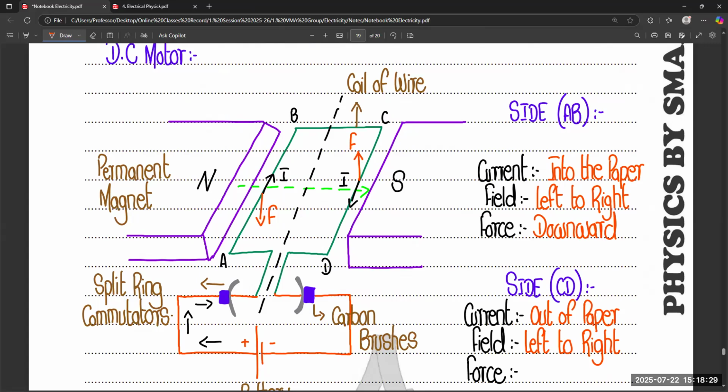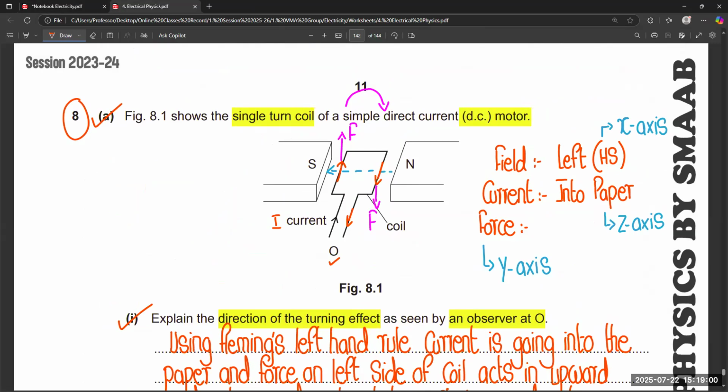Just for the reference of the diagram, right now we have only one turn of the coil. But if we consider multiple turns, there will be a greater change in the force, because multiple field lines are passing through different turns of the coil. So there will be a greater change in rotation of the DC motor.